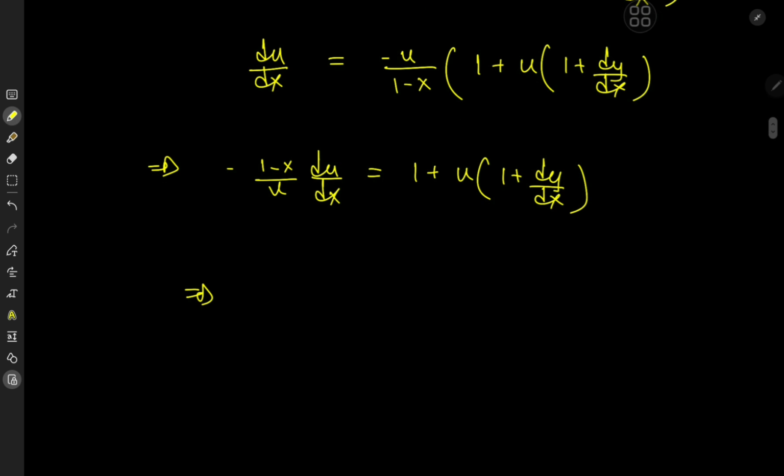And this further implies that negative (1 - x)/u squared times du/dx. And wait a second, first let me transfer the 1 and then expand using the reciprocal of u. Yeah, that sounds good. Then we have a negative 1.